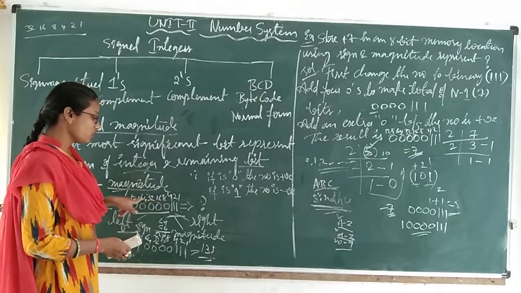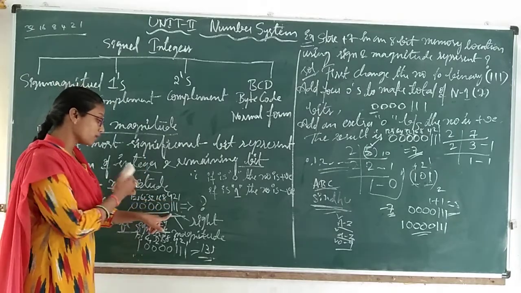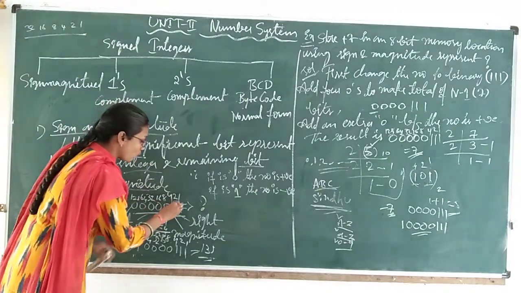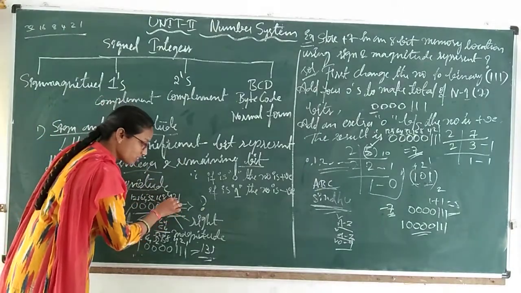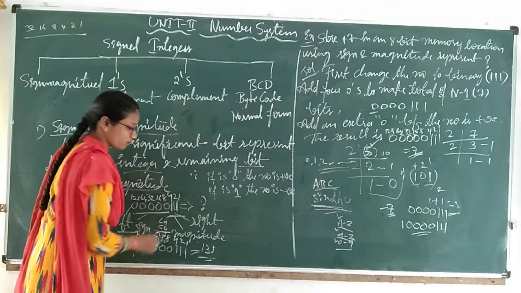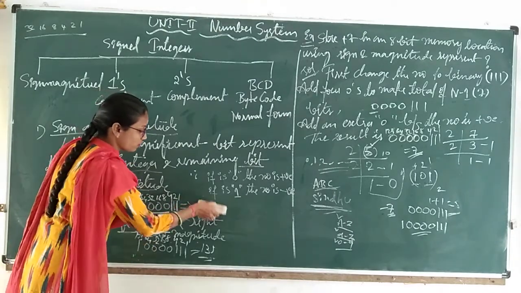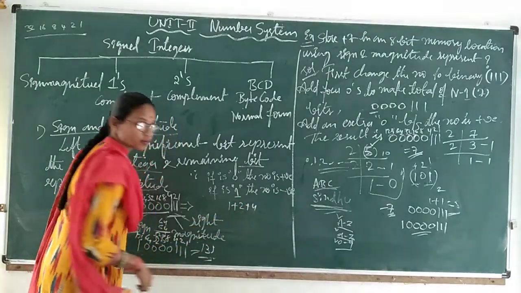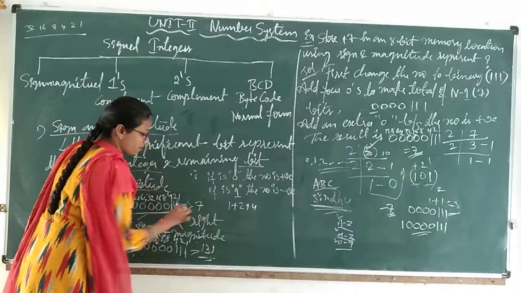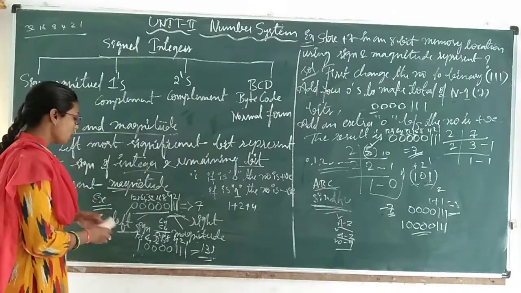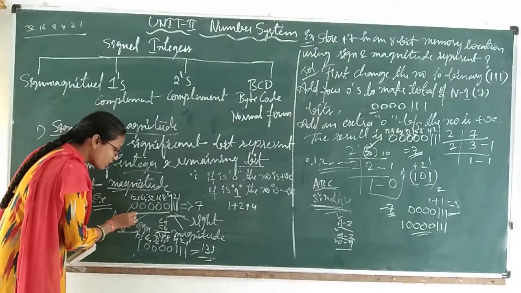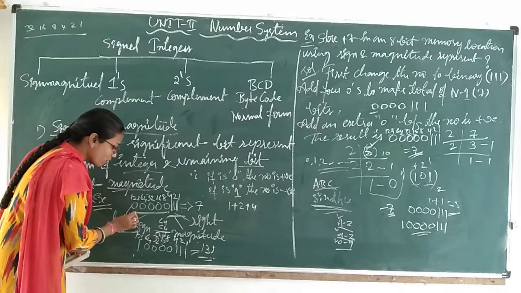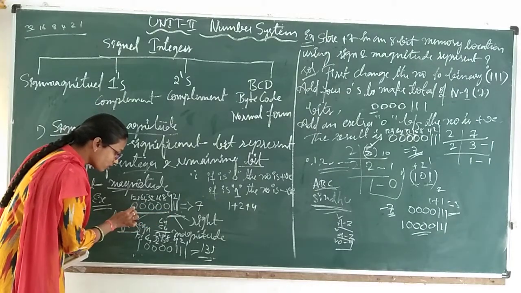With this, we find the decimal value of the binary result. 1 plus 2 plus 4 is 7.